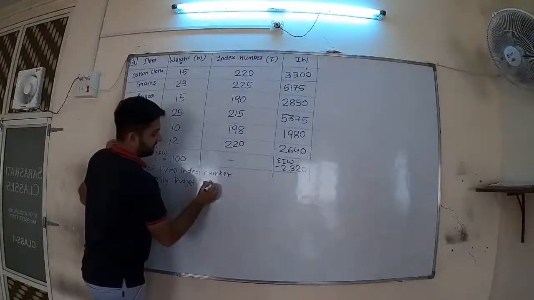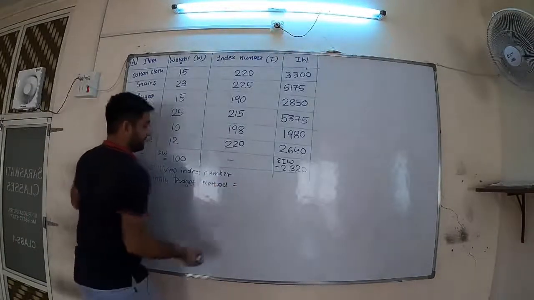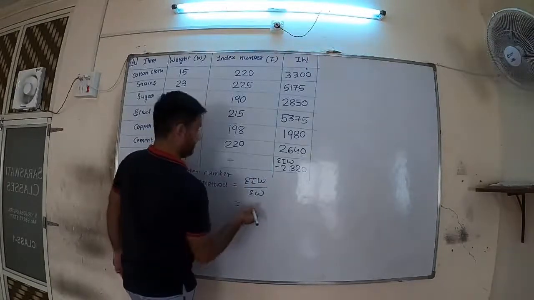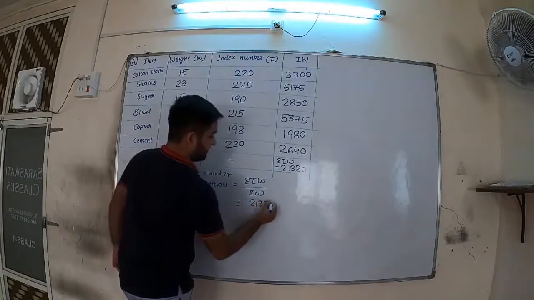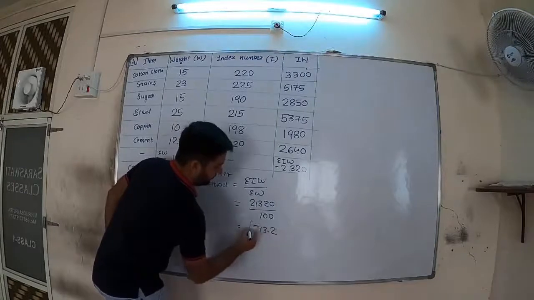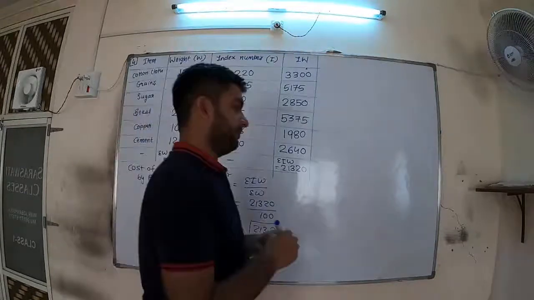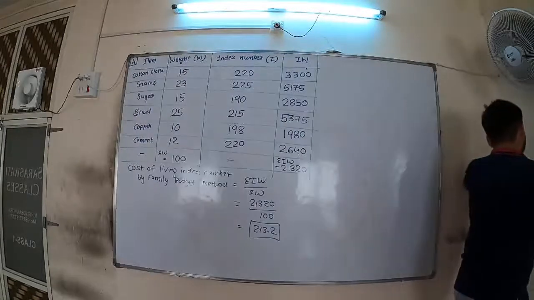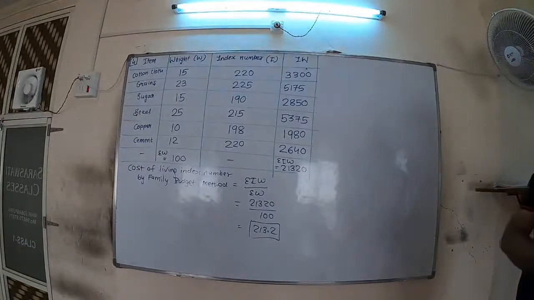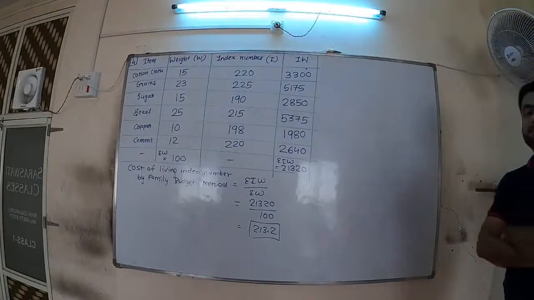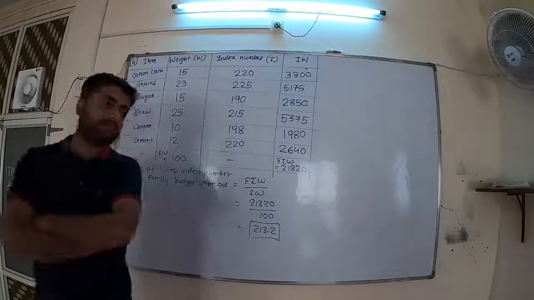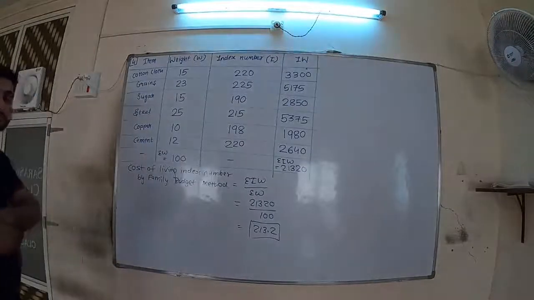By family budget method, it is equal to sigma IW upon sigma W, 21,320 upon 100, 213.2. Interpretation is not required. Okay, so you can all see this is a very simple sum. Just I and W columns are given, and simply we need to solve it by IW method. You can all see the sum.